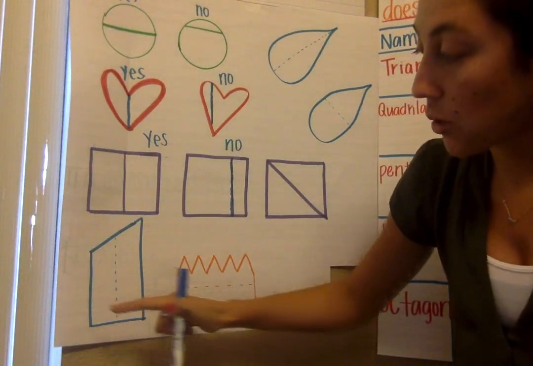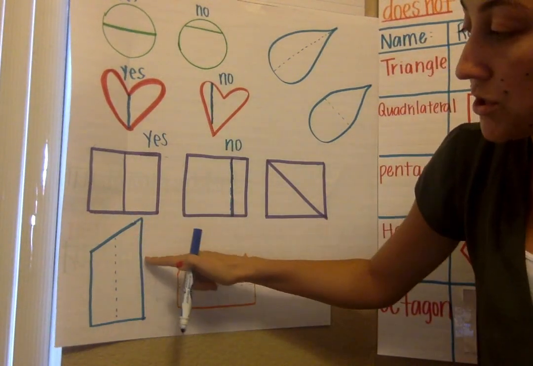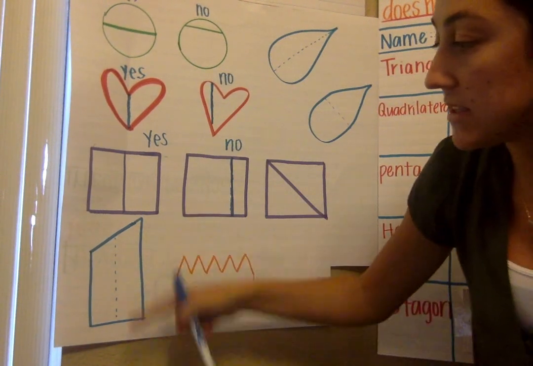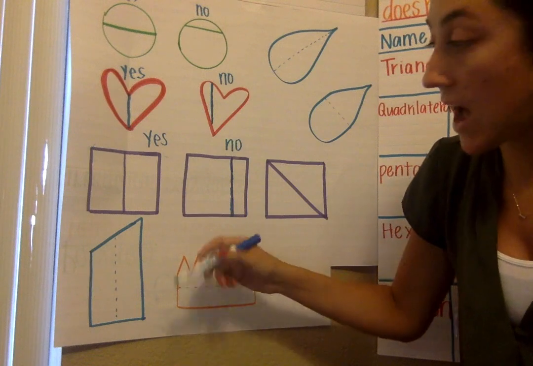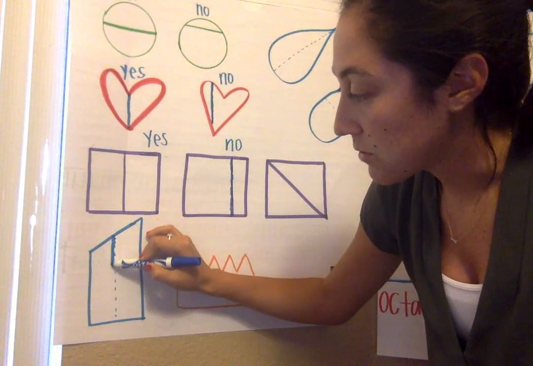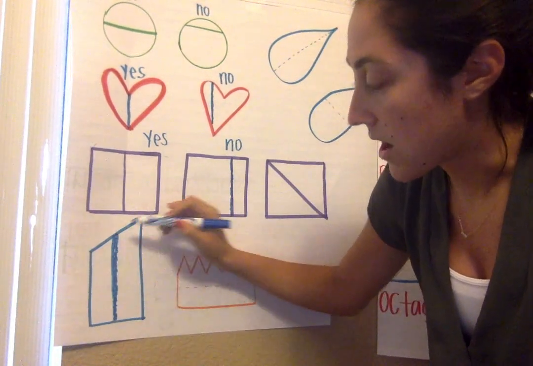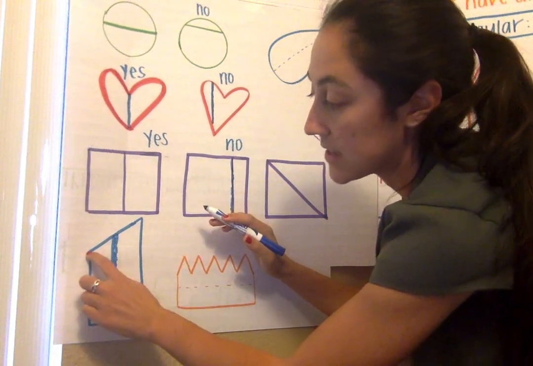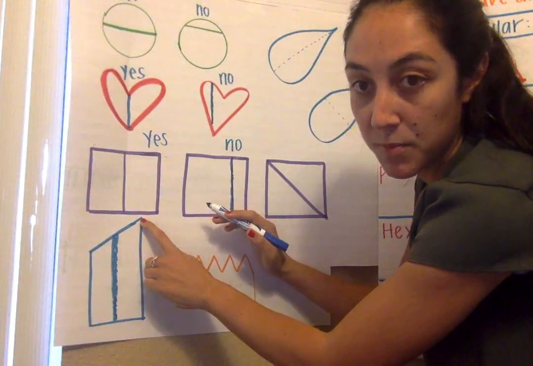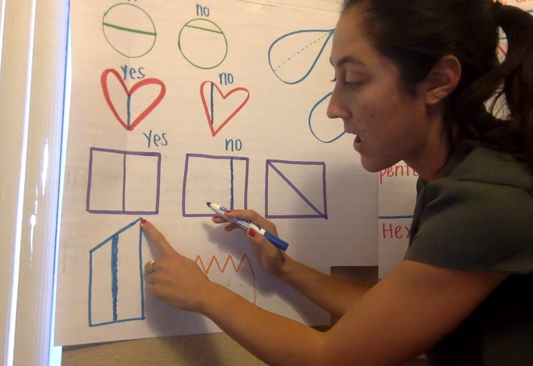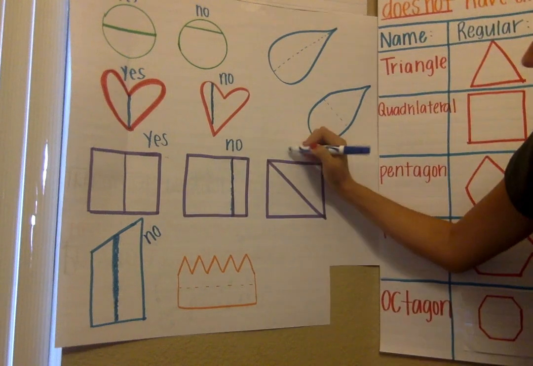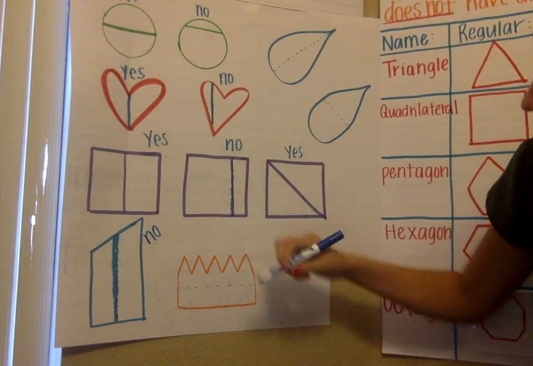This is considered a quadrilateral because it has 1, 2, 3, 4 sides, but it's considered irregular because the sides are not equal. So if I asked you to fold the paper right here, it would not fold properly because this corner is not going to match up with this corner, okay? So this one's going to be a no. This one's going to be a yes.